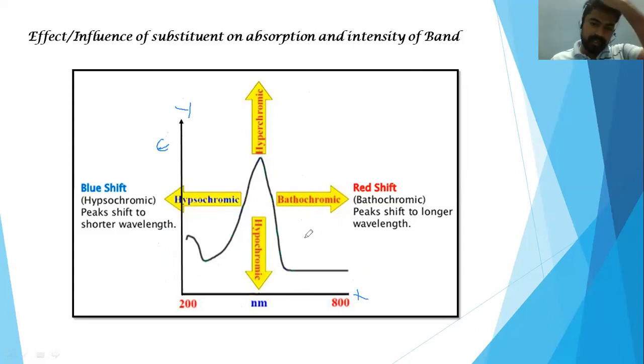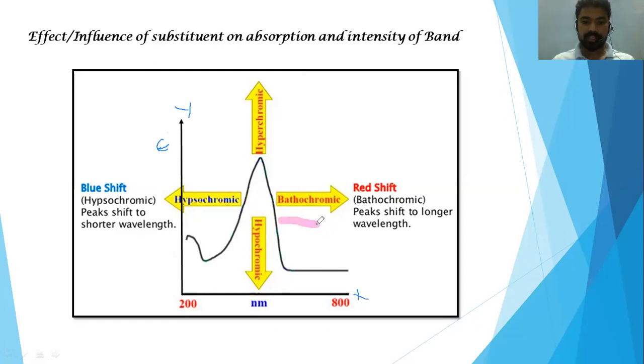In the presence of a reagent, a solvent, or any other auxochromic unit, if the absorption wavelength of a compound increases to a higher value, that shift is called bathochromic shift.